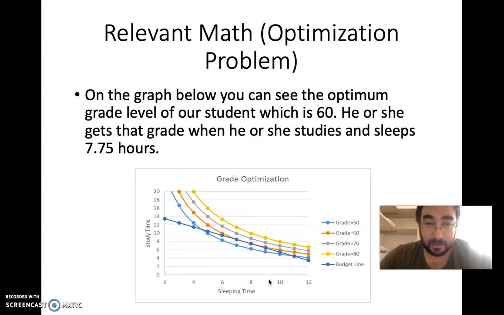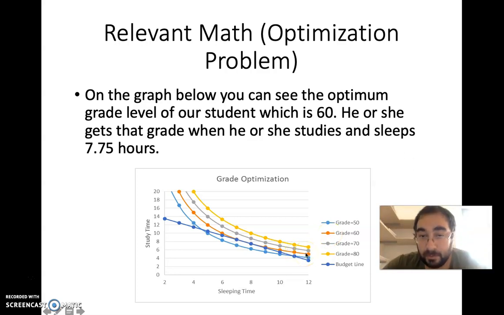So the solution of the problem will look like this: you draw indifference curves for different grades 50, 60, 70, 80, and the budget line, and you look at what is the maximum grade you can reach with this budget line, and that grade is represented by this orange indifference curve.